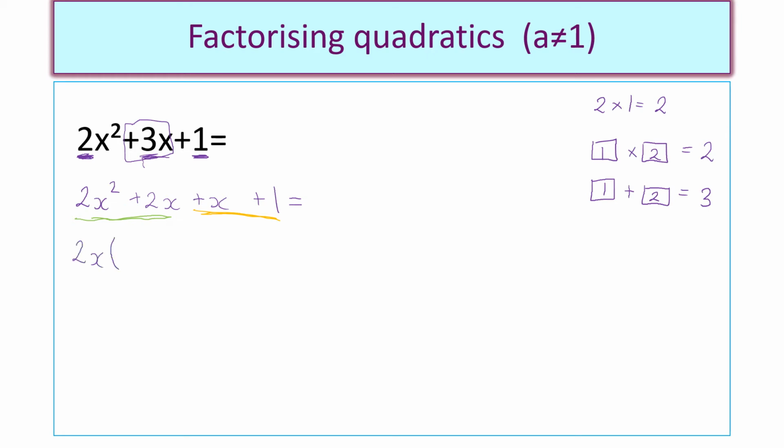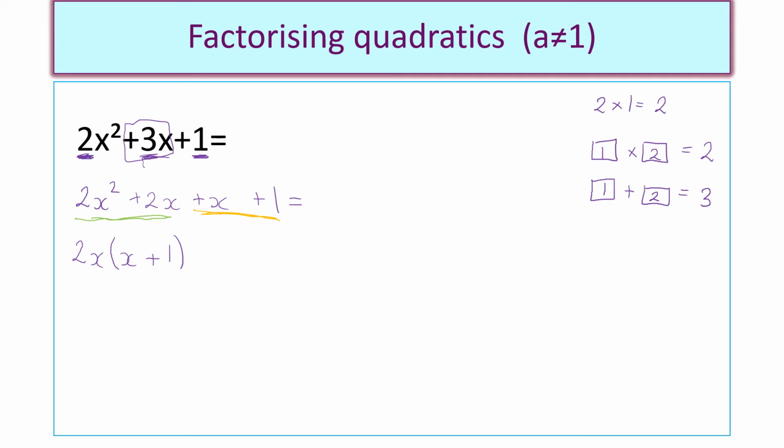Now 2x times what gives you 2x squared? Well, that's just x. And 2x times what gives you 2x? That's just 1. So that's me done with factorizing the first two terms.